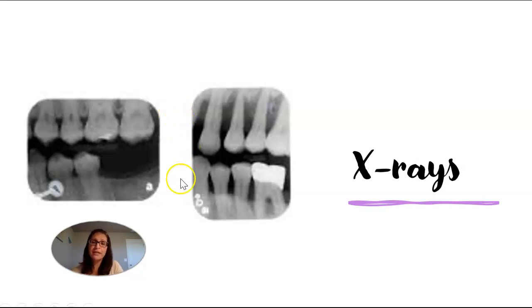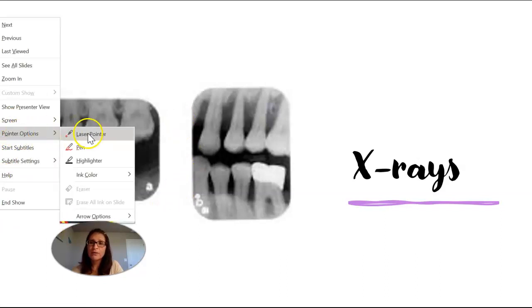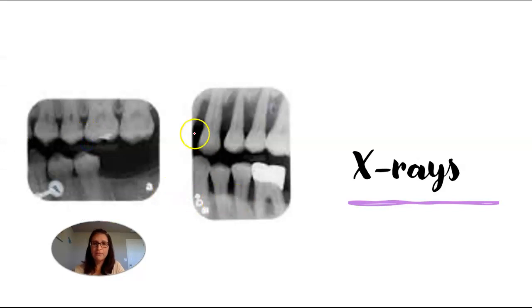But on this patient here, if we were to have taken just a horizontal bite wing, we were probably only going to be able to see roughly that much of the tooth.